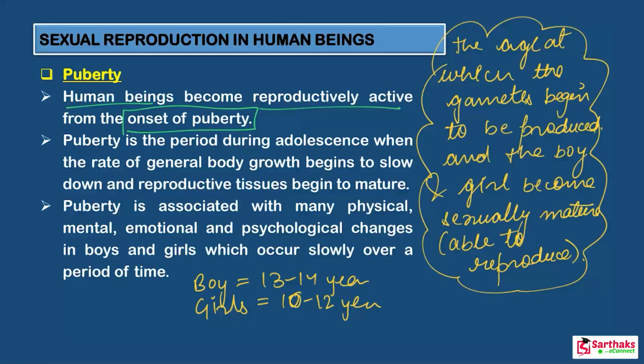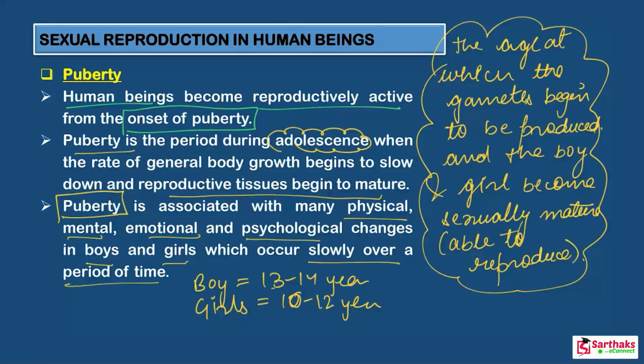Let me read the lines given here: puberty is the period during adolescence when the rate of general body growth slows down and reproductive tissues begin to mature. Puberty is associated with many physical, mental, emotional, physiological and psychological changes in the body in boys and girls, which occur slowly over a period of time.